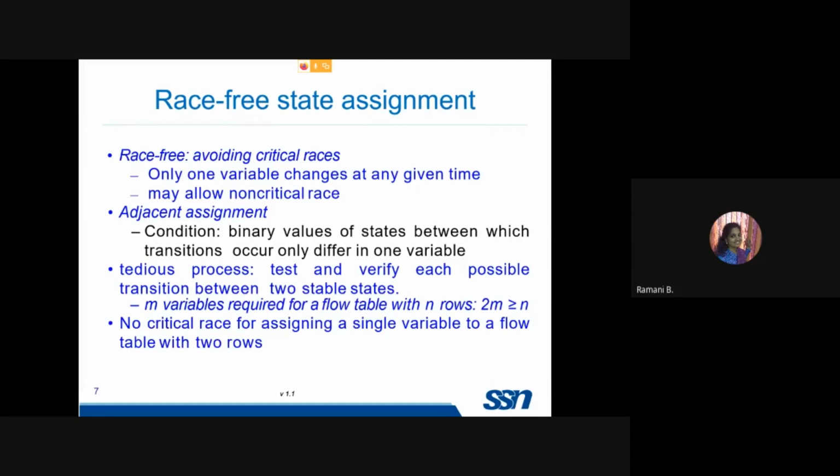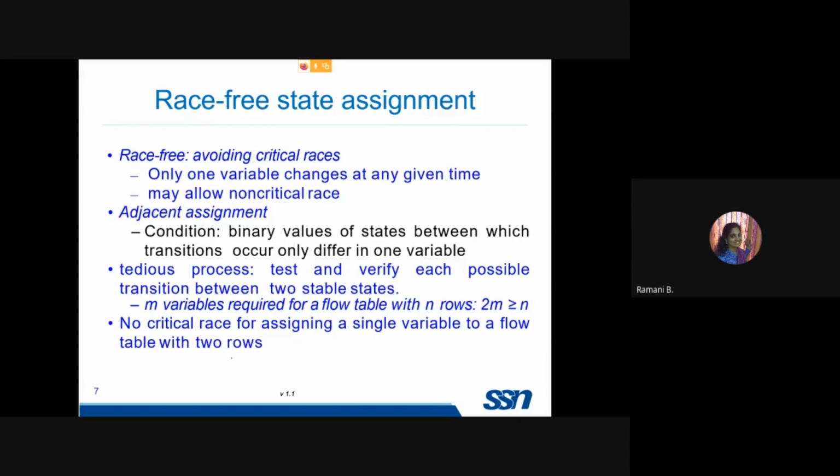So if we are given m variables required for a flow table with n rows, you will have 2^m greater than or equal to n. So there is no critical race for assigning a single variable to a flow table with 2 rows. That's what I mentioned the other day, with the example we just saw, where you had the states A, C, and D combined as one state, and B, E, and F combined as one state.